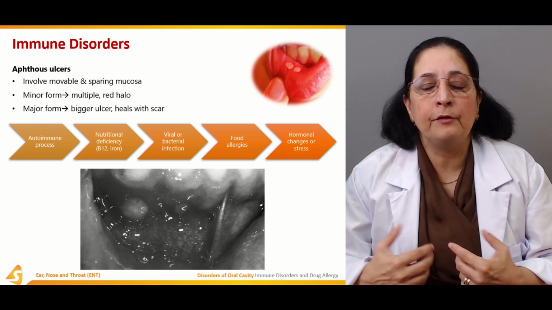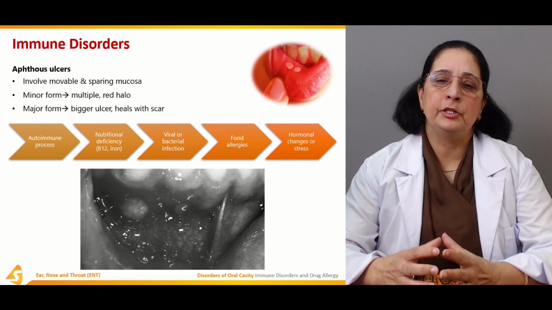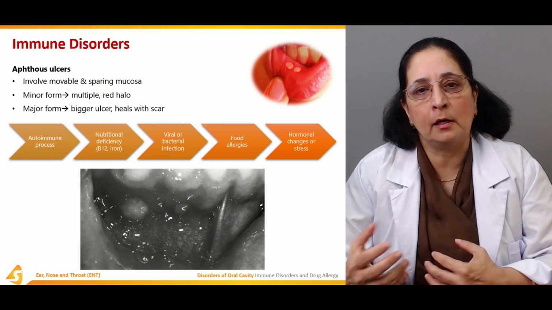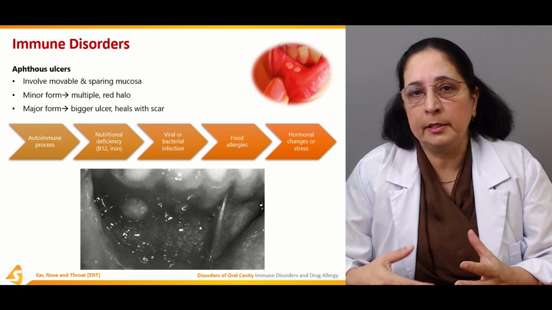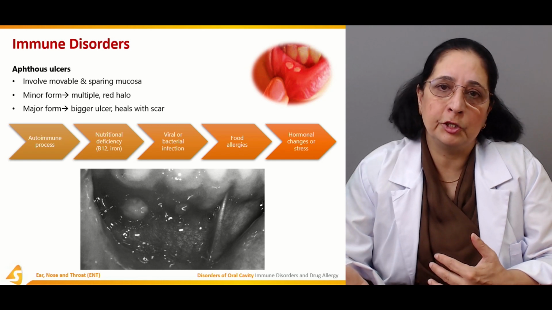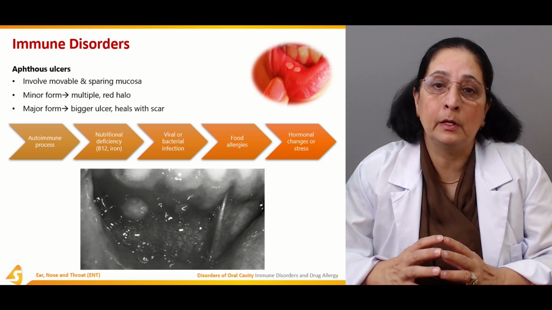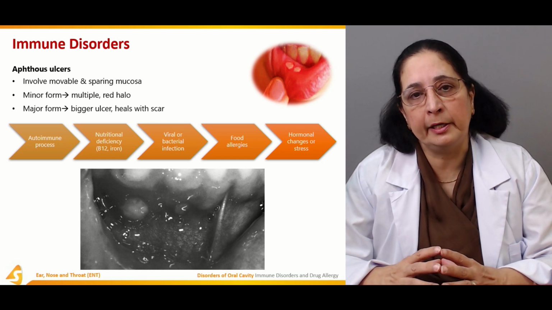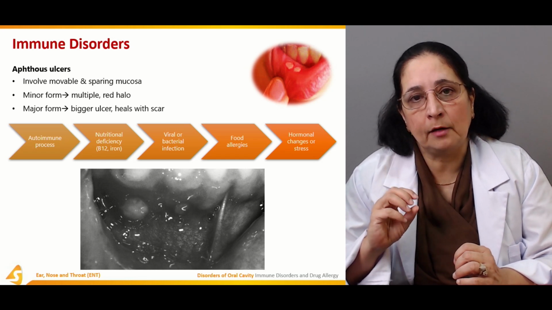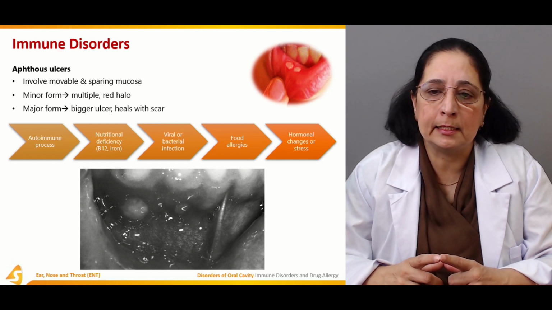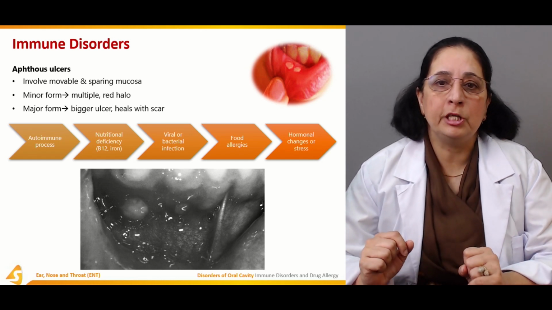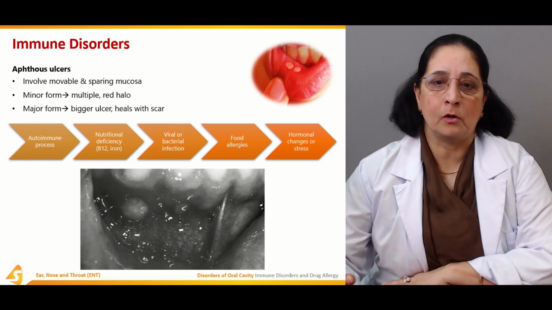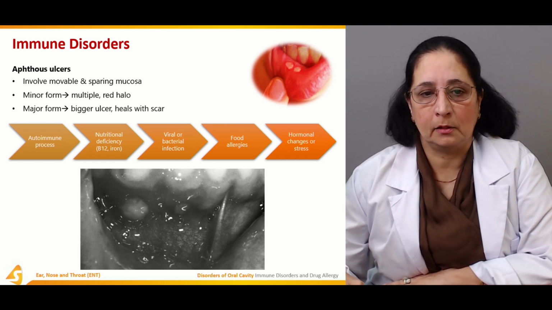Then different foods: some people are allergic to dairy products, some to other foods. Meat allergies and beef allergies are also very common, and these ulcers are formed as a result of these allergies. Then hormonal changes or stress can also cause aphthous ulcer.